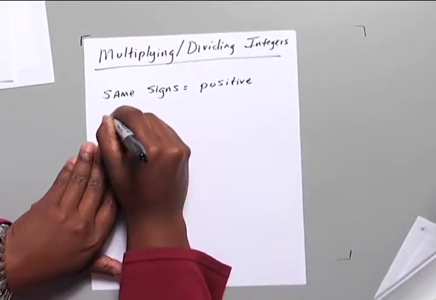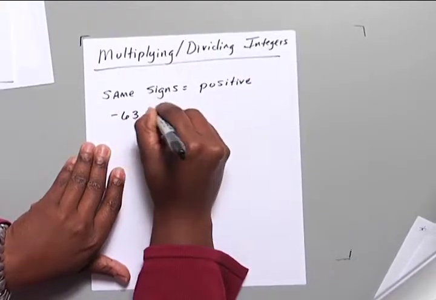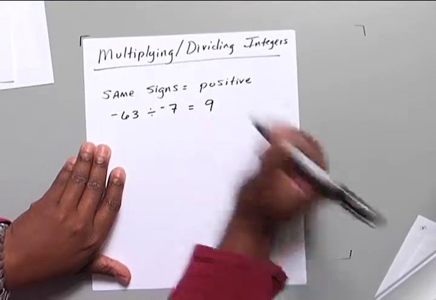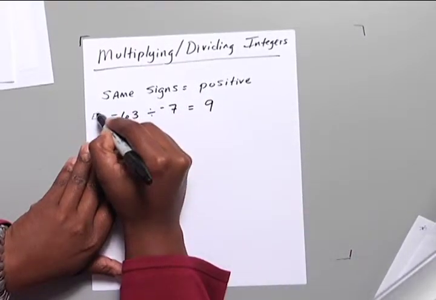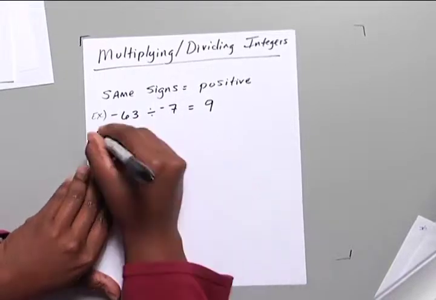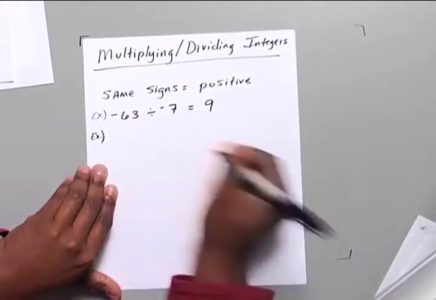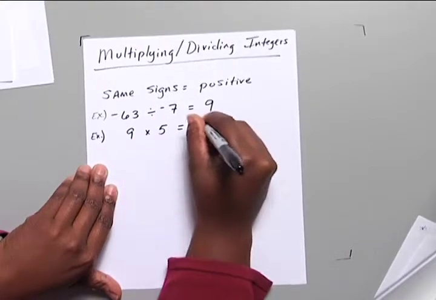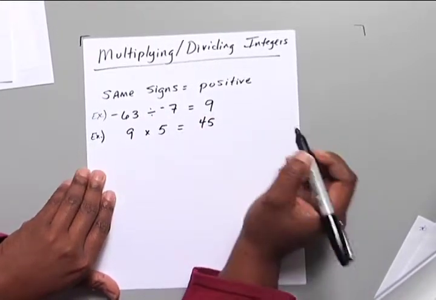So if we have a negative 63 divided by a negative 7, the answer is going to be a positive 9. If we have a positive 9 times a positive 5, the answer will be positive 45.